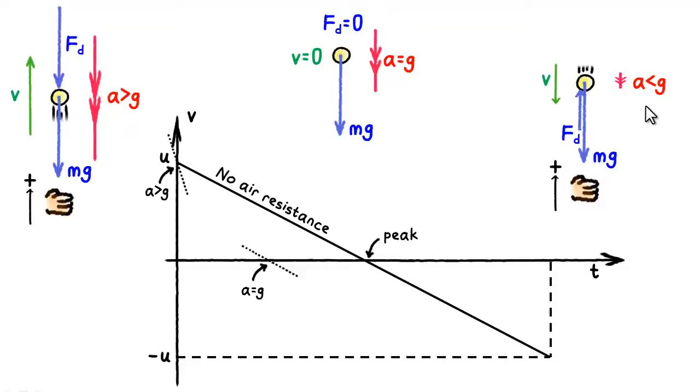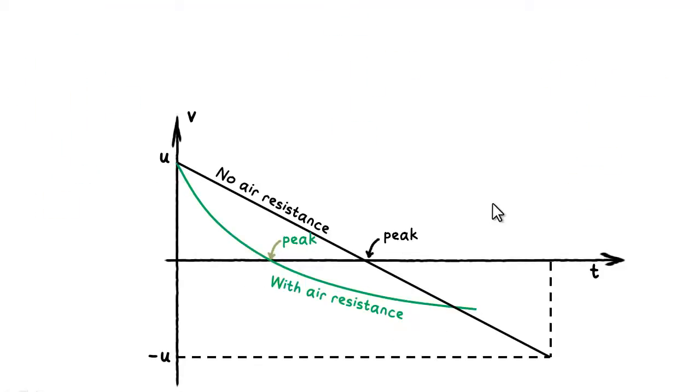What this tells us is, on the way down, our VT graph is going to have a gradient that is less steep than the original line, since the acceleration is less than g. With these important landmarks, you should be able to figure out that the VT graph looks something like this. So it's a curve that becomes flatter and flatter, but has the same gradient as the original line when it's at the peak.